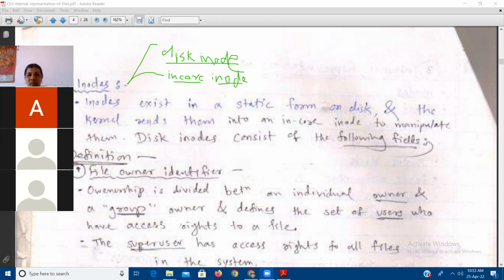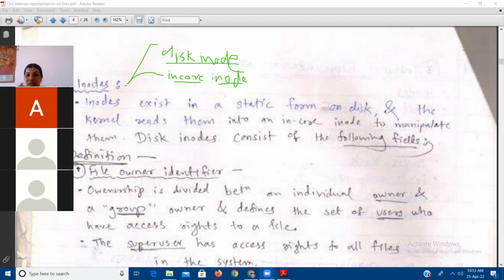आयनोड तोच असतोय, फक्त जेव्हा मशीन बंद असते तेव्हा तो हार्डवेअर लेवलला असतो, म्हणजे डिस्क वर असतो, त्याला आपण डिस्क आयनोड म्हणलेलं आहे. आणि जेव्हा आपण मशीन चालू करतो आणि एखादी फाईल ओपन करतो, त्याचा आयनोड आपण ऍक्सेस केलेला असतो. कुठून? हार्ड डिस्क मधून कर्नल लेवलला ऍक्सेस केलेला असतो.